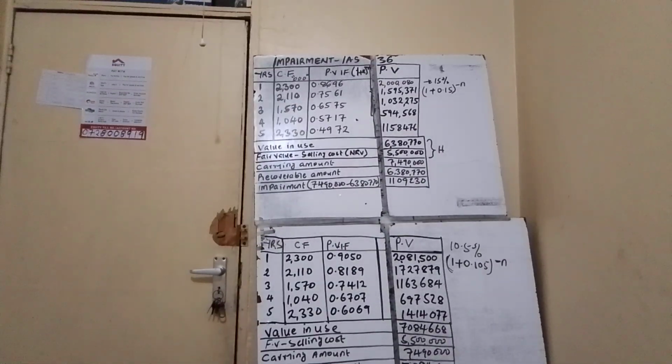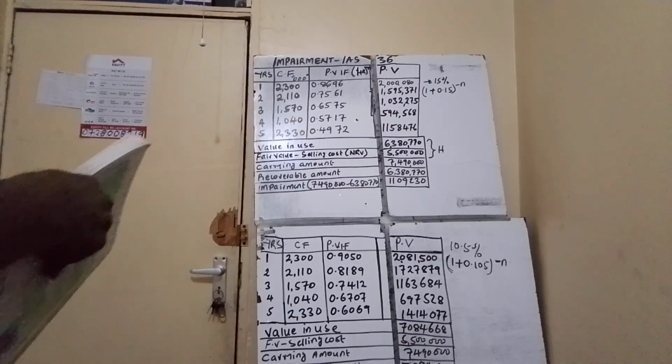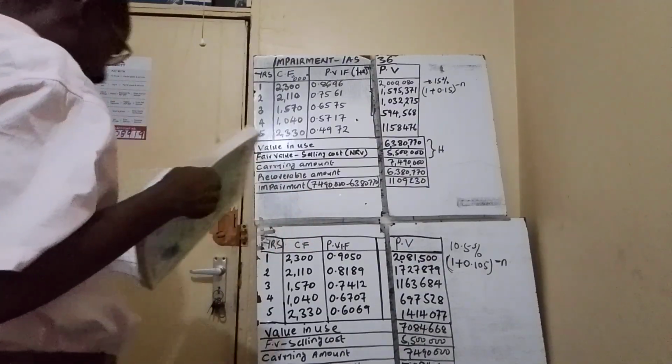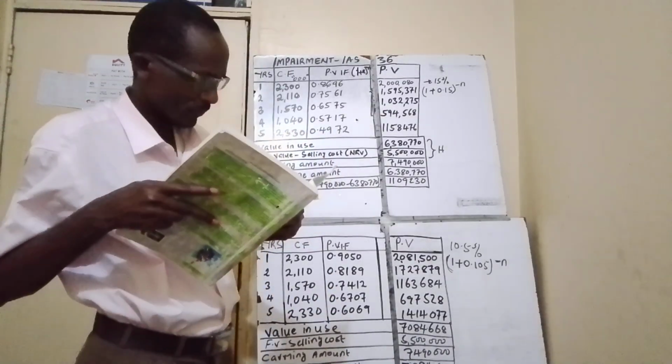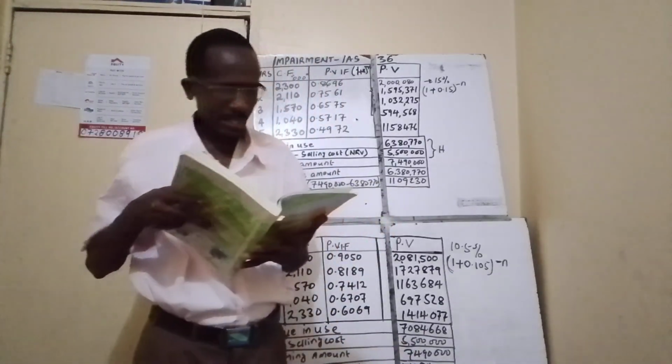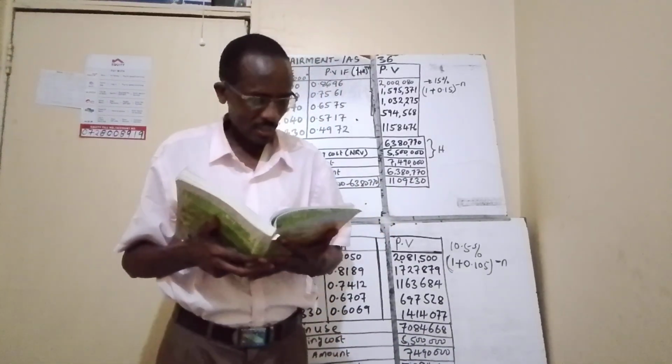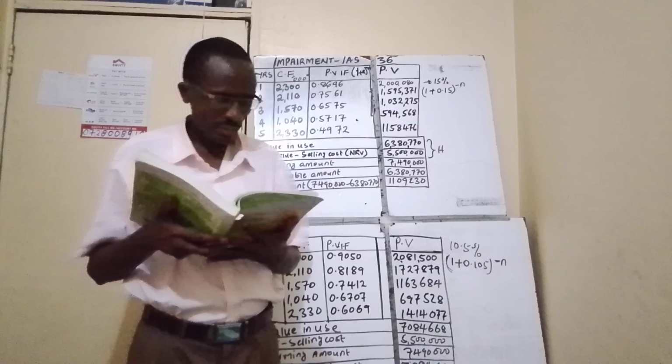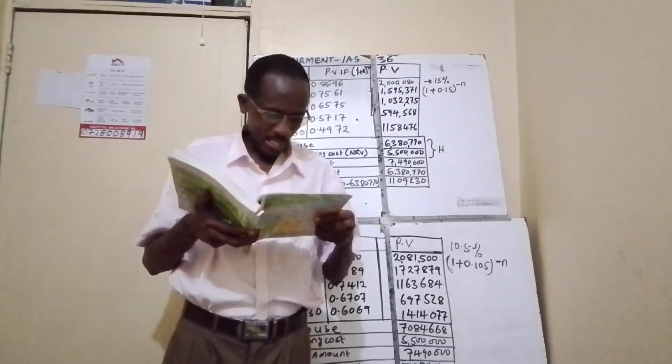Now, away from that, I think you have understood what I mean by that. The other point that I can read for you is that impairment loss is the excess of the carrying amount over the recoverable amount. That one we have discussed.